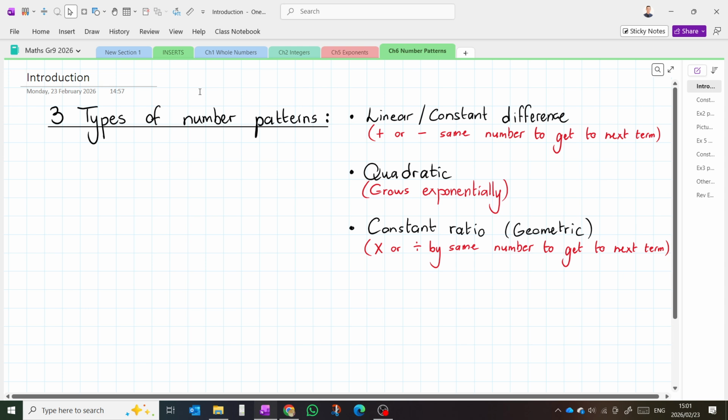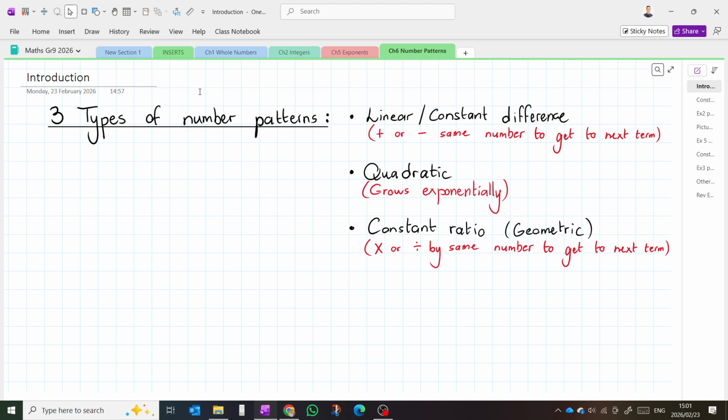Alright, grade 9s. We are looking at chapter 6, which is all about number patterns. Now, as you can see there, we've got three main types of number patterns that we deal with. Firstly, we have linear or constant difference number patterns.